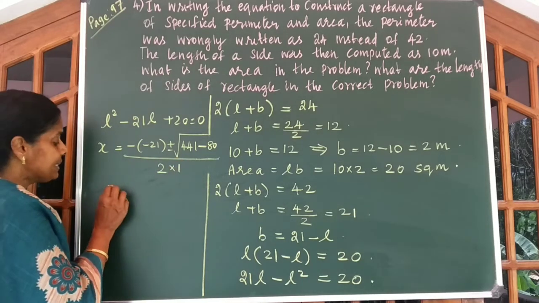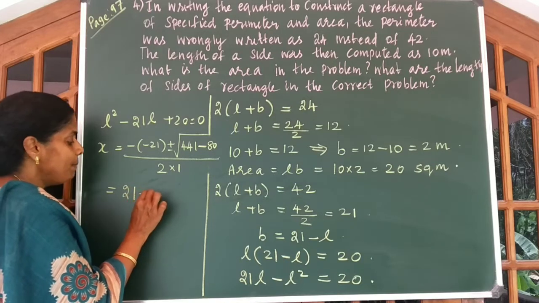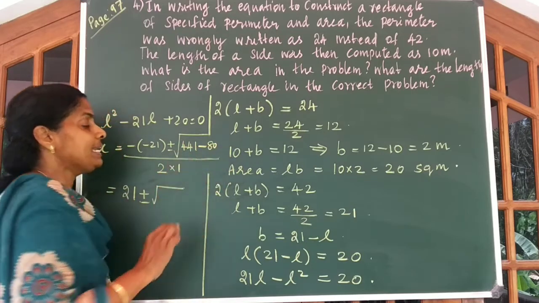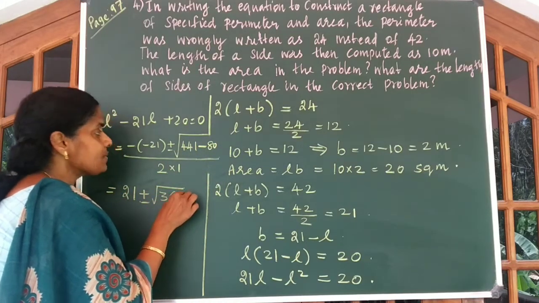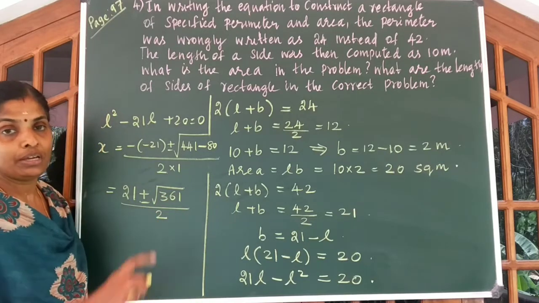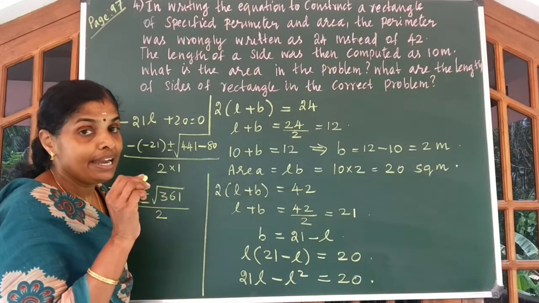Okay. That is minus of minus is plus. Plus or minus root of 441 minus 80 gives you 361. Whole thing divided by 2. We know square root of 361 is 19.